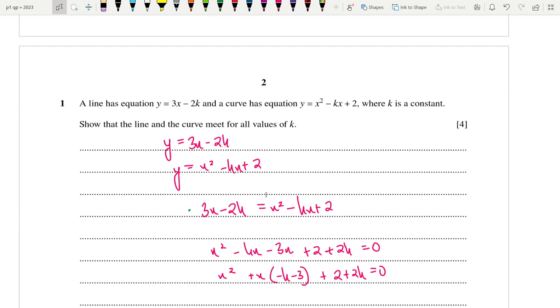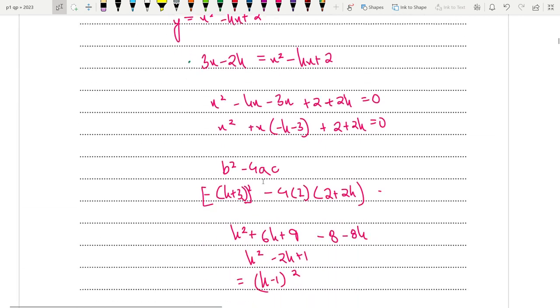How do we do this? We can use b squared minus 4ac. So what does meeting mean? The roots must be real, the roots can't be imaginary, because real roots mean that they meet. They don't have to be equal. Real and distinct, that's fine.